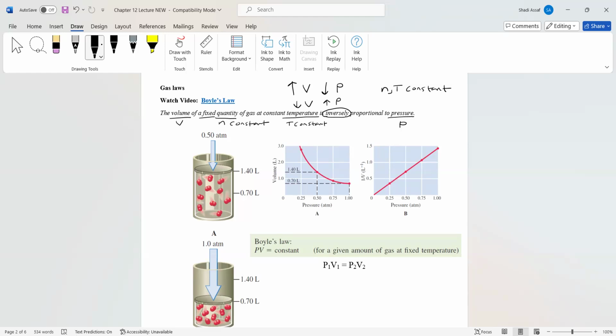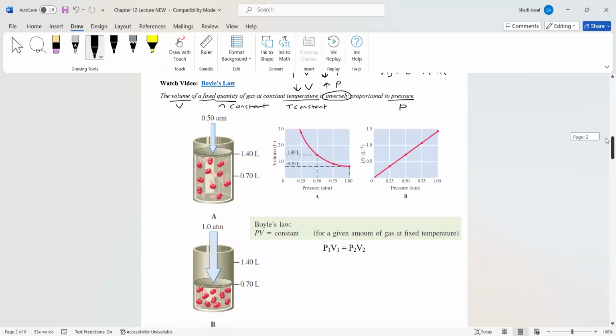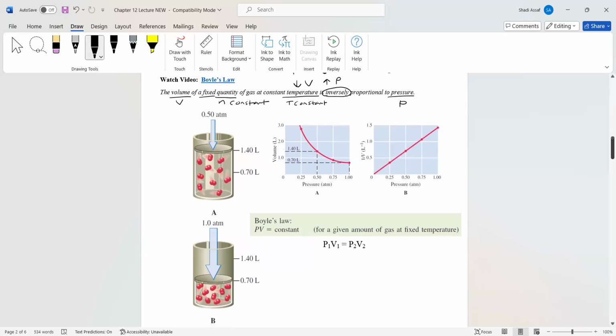So what's happening in these diagrams is really close to realistically what's happening, which is if you see the molecules or the gas particles, they have a volume of about 1.4 liters. If you cut that in half, they have less space to roam around, and they end up actually striking the walls of the container and colliding with themselves.